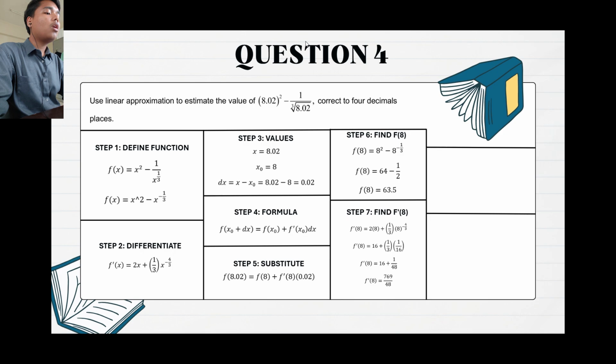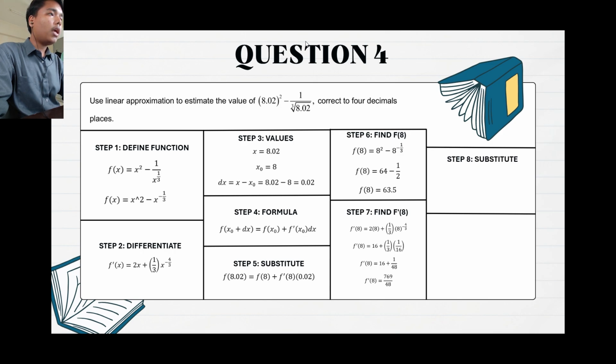Step 7, we find f prime of 8. F prime of 8 equals 2 times 8 plus 1 over 3 times 8 power negative 4 over 3. This gives 16 plus 1 over 48. So f prime of 8 equals 769 over 48.